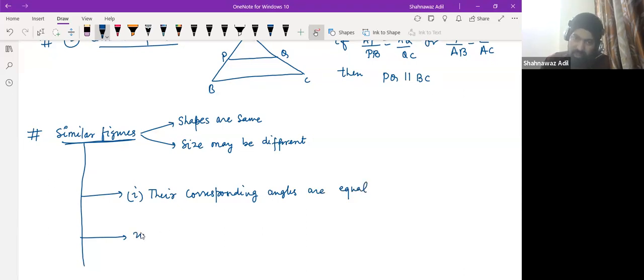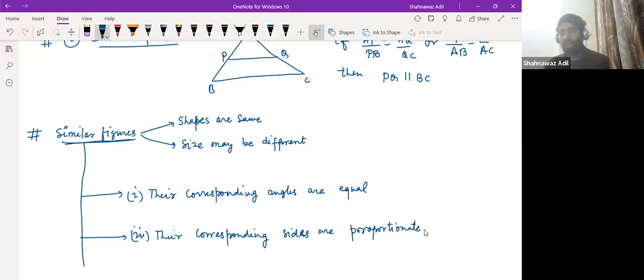And the second property, whenever you have two similar figures, their corresponding sides are proportional, so they are divided in equal proportions. These are the two basic properties of similar figures.